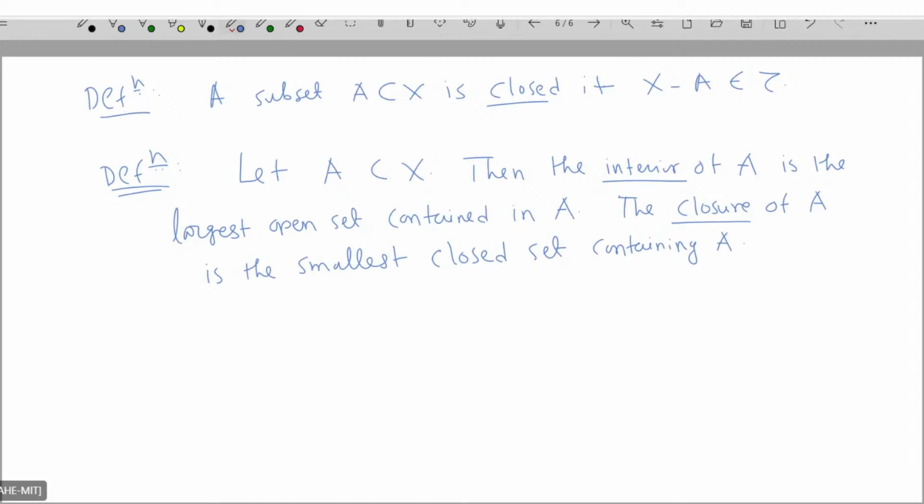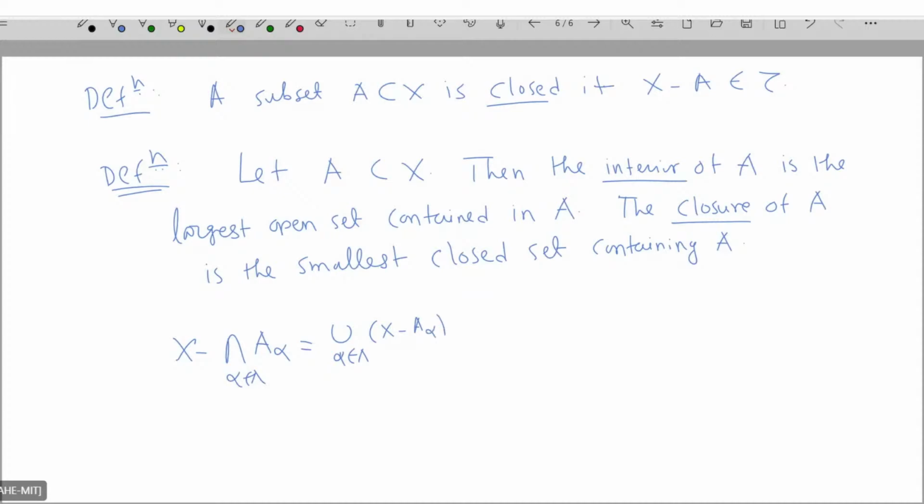Why? Because of the second property of topology, which says that if you take an arbitrary union of open sets, it is open. So if you have the intersection of A alpha, where the A alpha are closed, and you now take the complement, it will be the union of X minus A alpha. Each X minus A alpha is open.